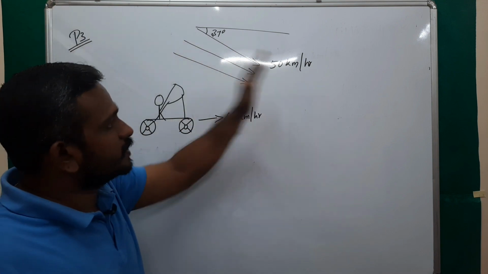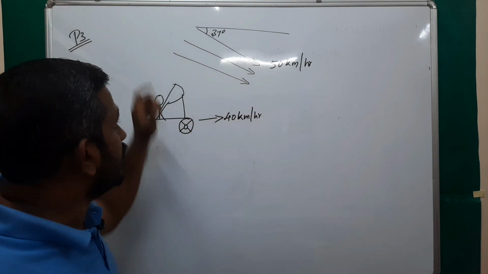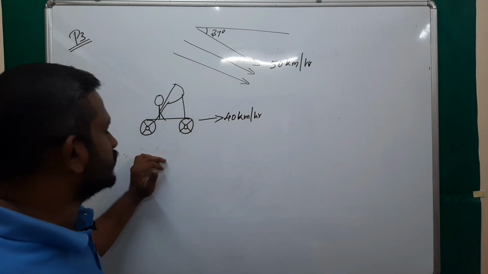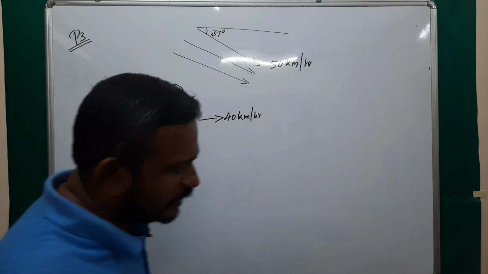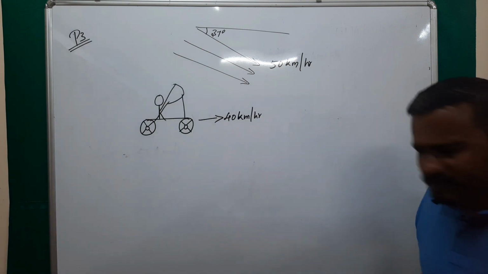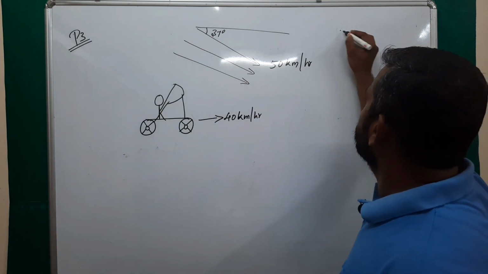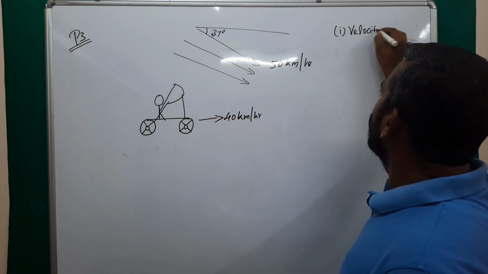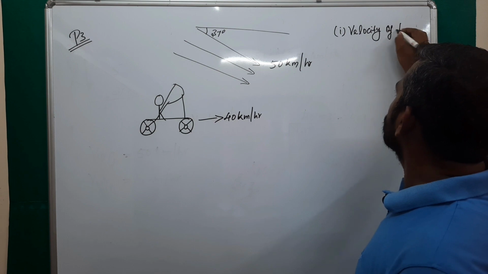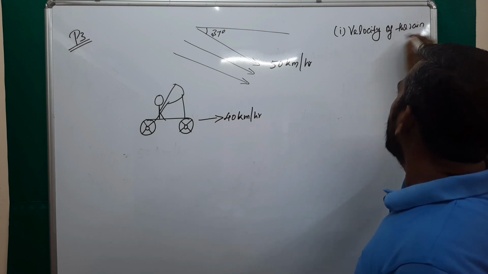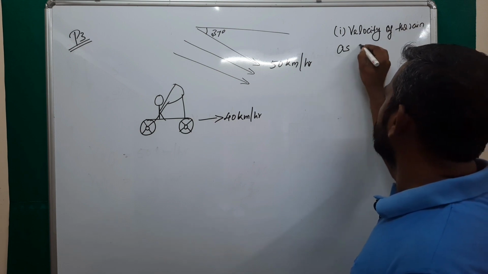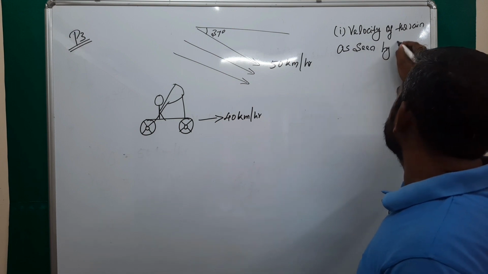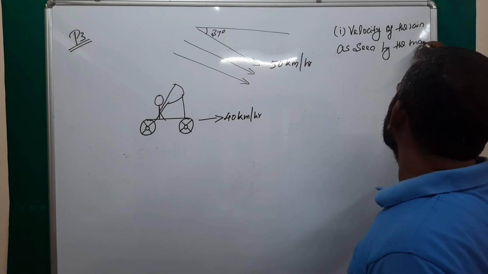Rain is falling with a speed of 50 km per hour, making an angle 37 degree. A boy is riding the bicycle with a speed of 40 km per hour. We have to find the velocity of the rain as seen by the man. That is the first question.